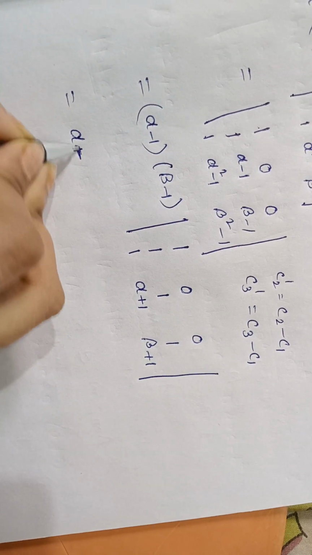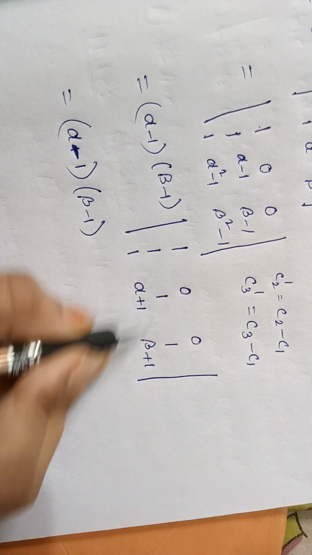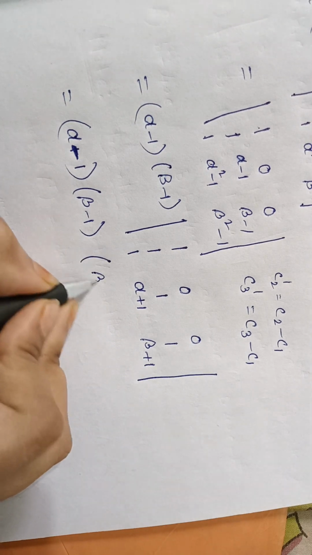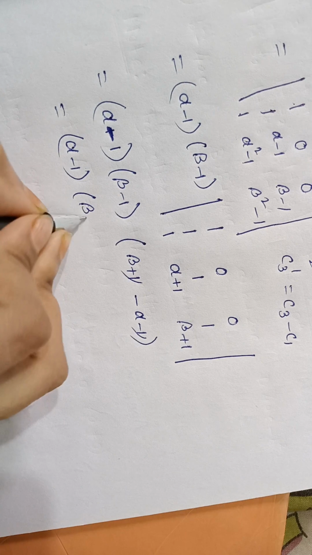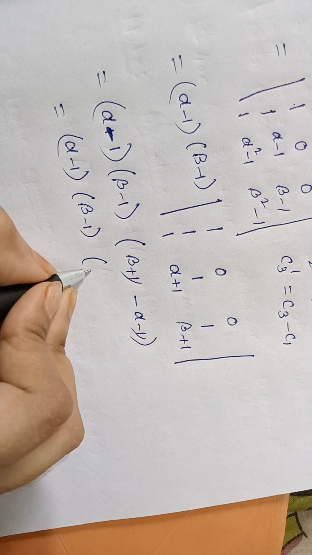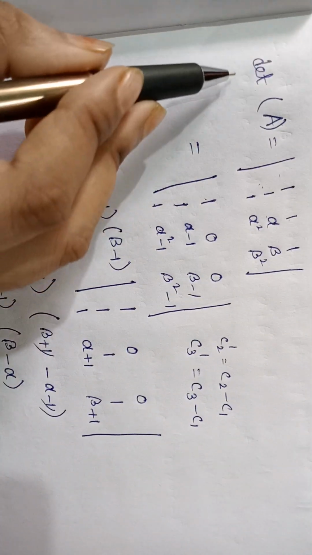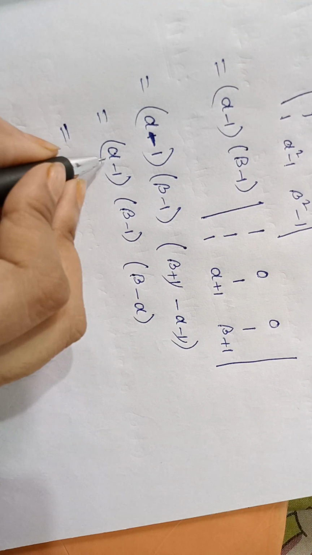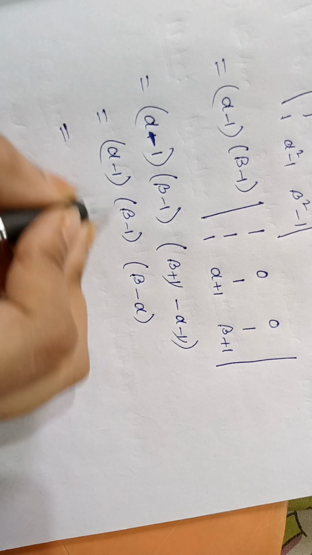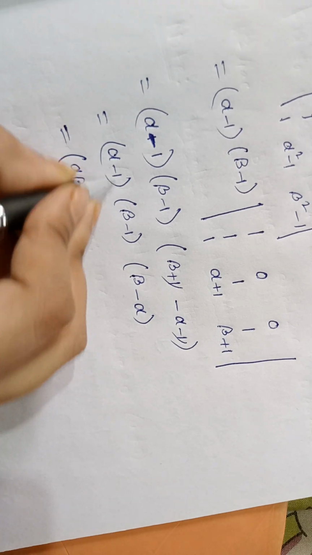Then this is alpha minus 1 and beta minus 1. Now for 1, we just crosswise multiply it, so beta plus 1 minus alpha minus 1, 1 cancels, that means we get alpha minus 1, beta minus 1 and beta minus alpha. Okay, so this is the value of determinant of A. Now we can simplify it by multiplying the first two terms, so it will be alpha beta minus alpha minus beta.